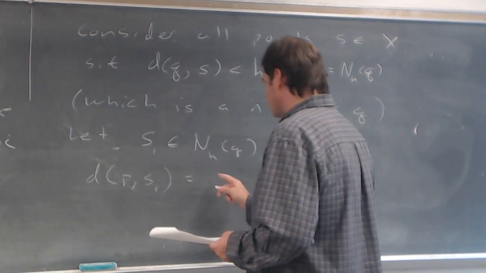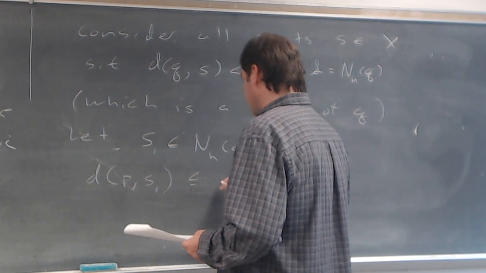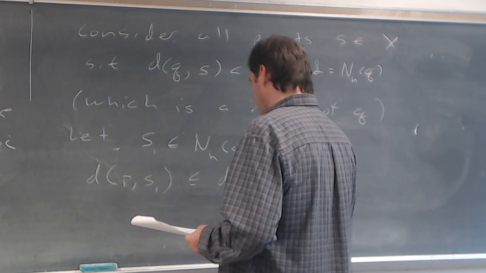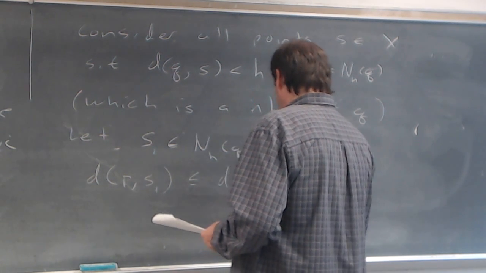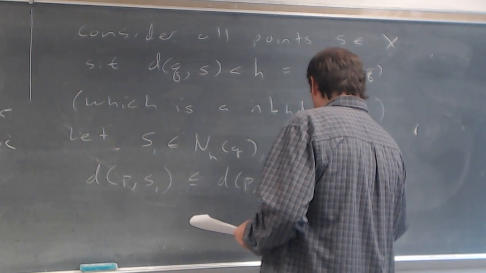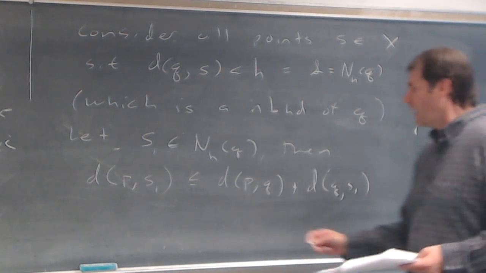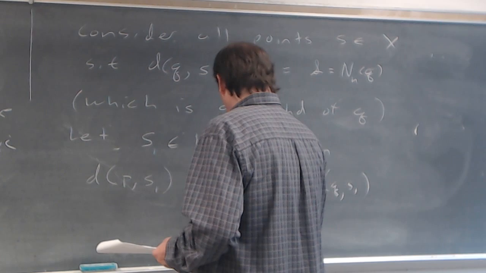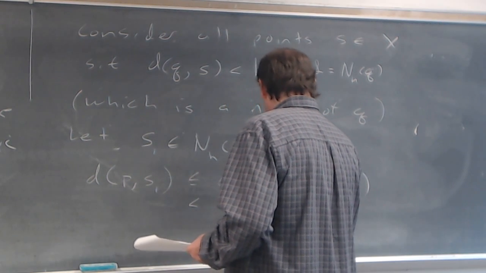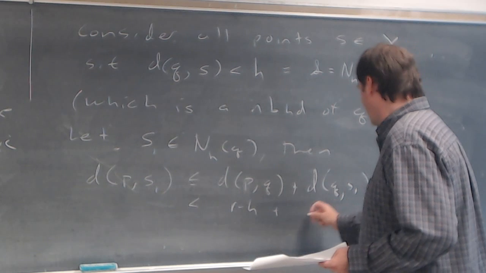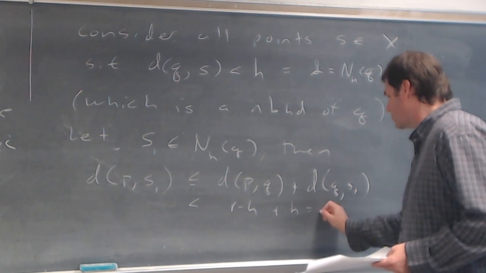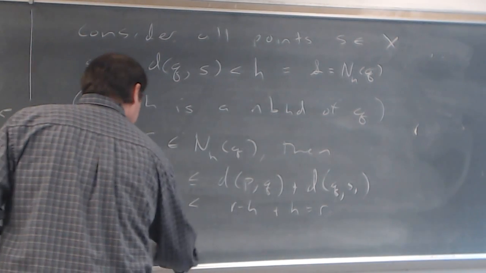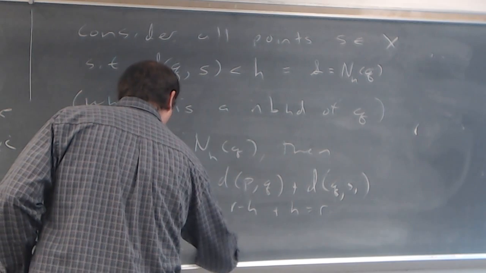That's going to be less than or equal to the distance between P and Q plus the distance between Q and S sub 1. And that's going to be strictly less than R minus H plus H, which equals R. So S sub 1 is an element of the neighborhood of radius R of P.